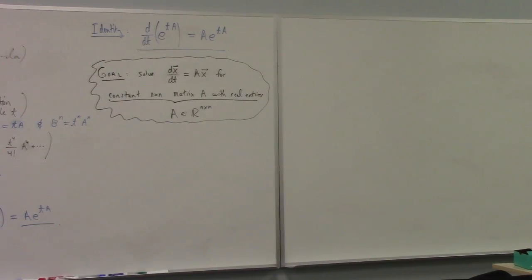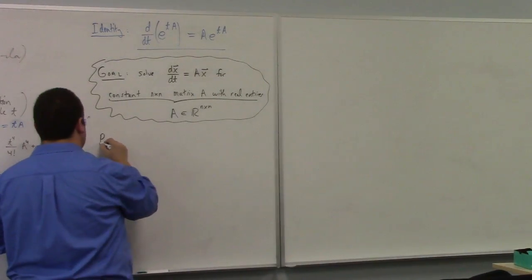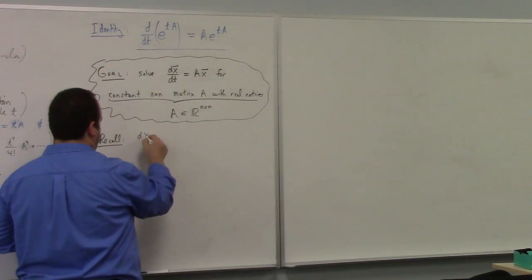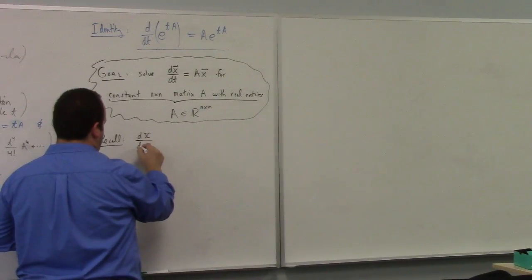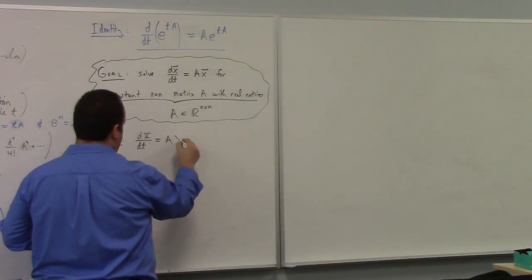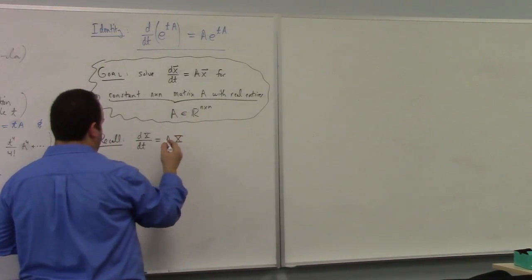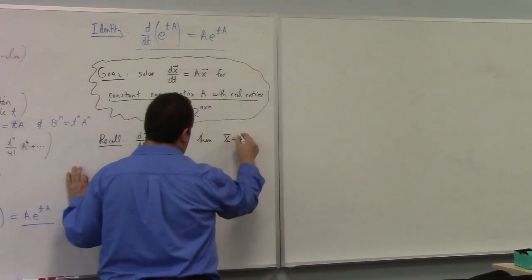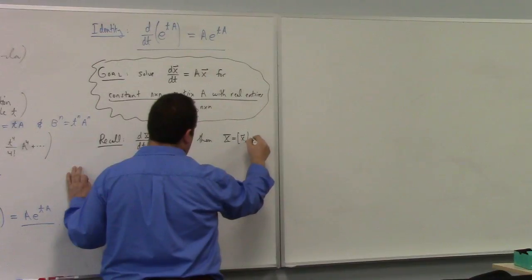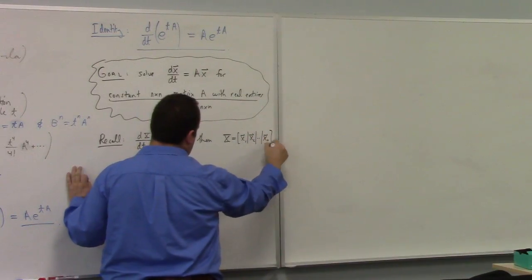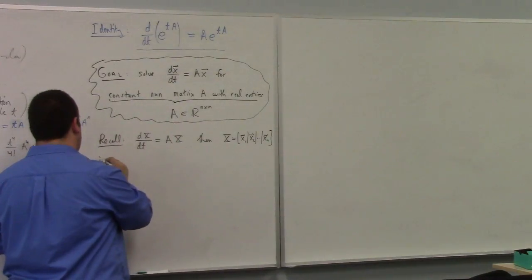Do you guys remember what a solution matrix is? So I would remind you that if we have the derivative of a matrix with respect to time equal to A times said matrix, then this makes it a solution matrix.